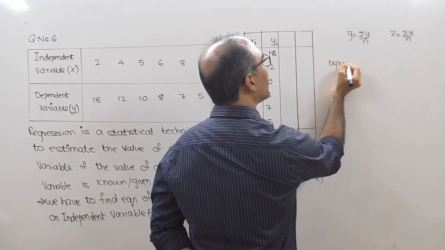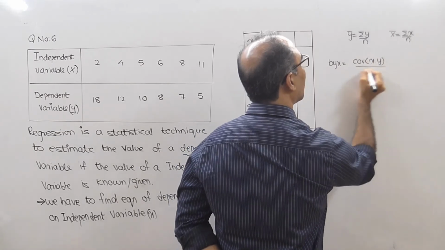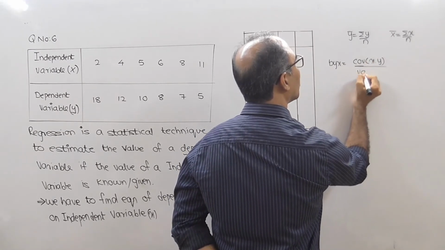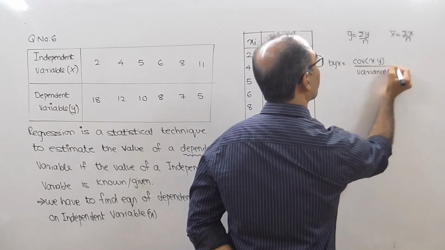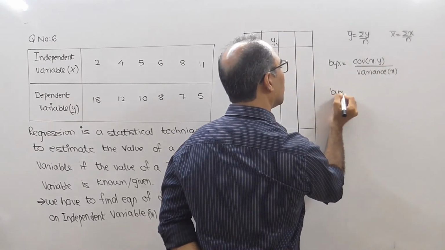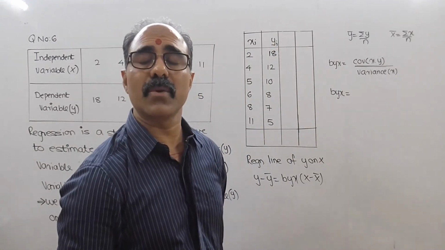My byx is covariance of xy upon variance of x. Are these numbers small? Yes. Can you square these numbers without a calculator?